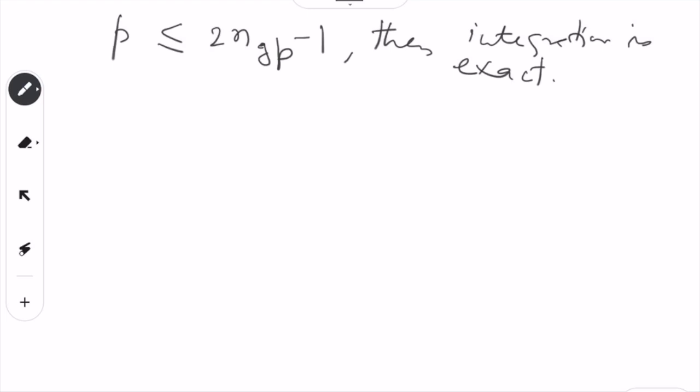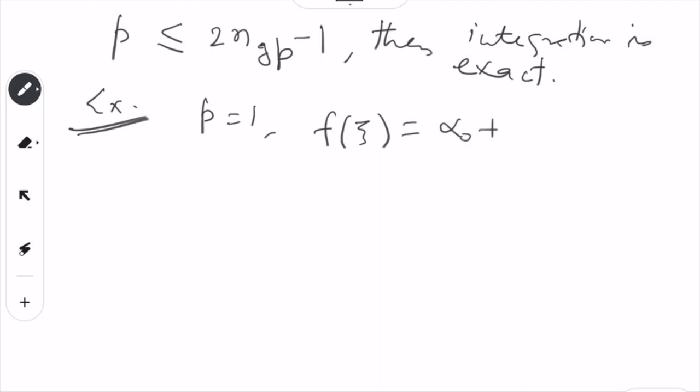Okay. So we can see some example. So let us say a line. So p equal to 1, which means f(x) equals alpha naught plus alpha 1 x. So how many points are needed in that case? This tells you that p equal to 1, so put it here.